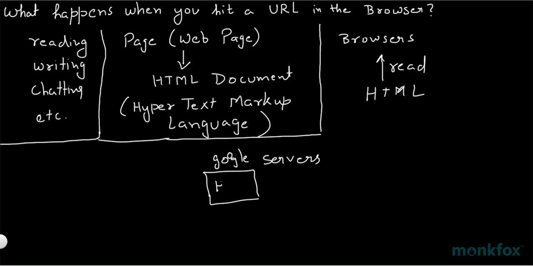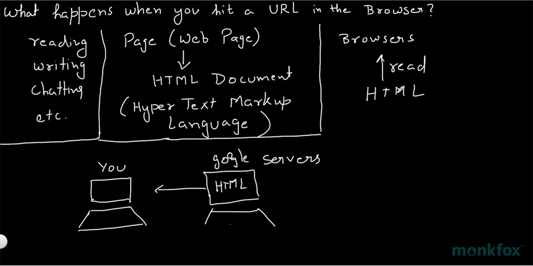Okay, so on Google servers, they have multiple HTML documents, and when you hit google.com, you are basically trying to access one particular HTML document sitting remotely somewhere here. So the server can be anywhere in the world, but this is you sitting on your home system with a browser, and you are trying to access an HTML page lying on Google servers, which can be situated anywhere across the world.